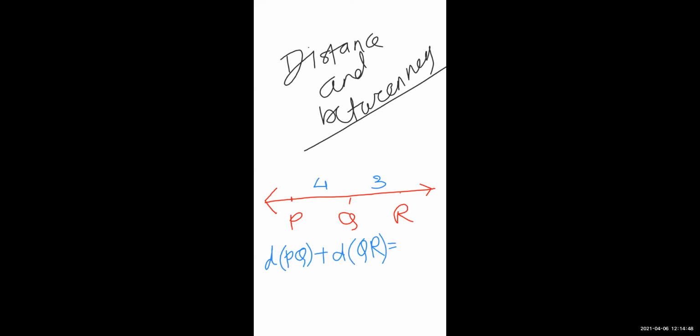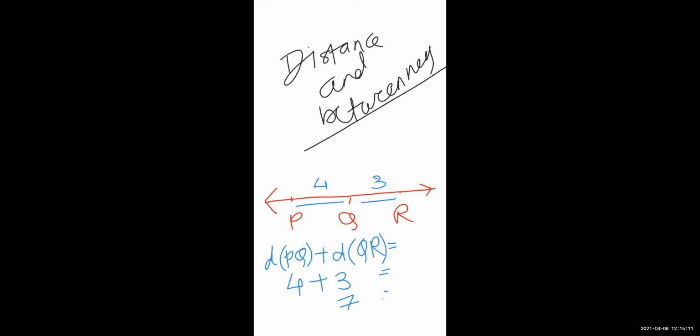What is the distance of PQ? It's 4. And what is the distance of QR? It's 3. Shardul, 4 plus 3 is not 6, it's 7.